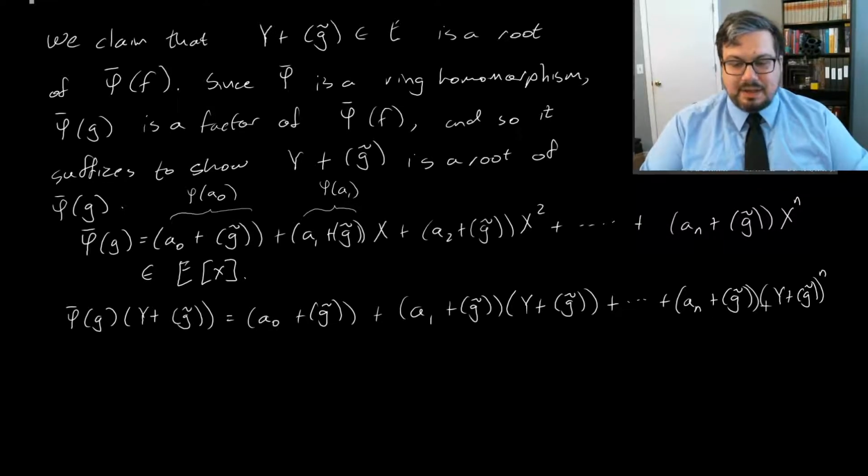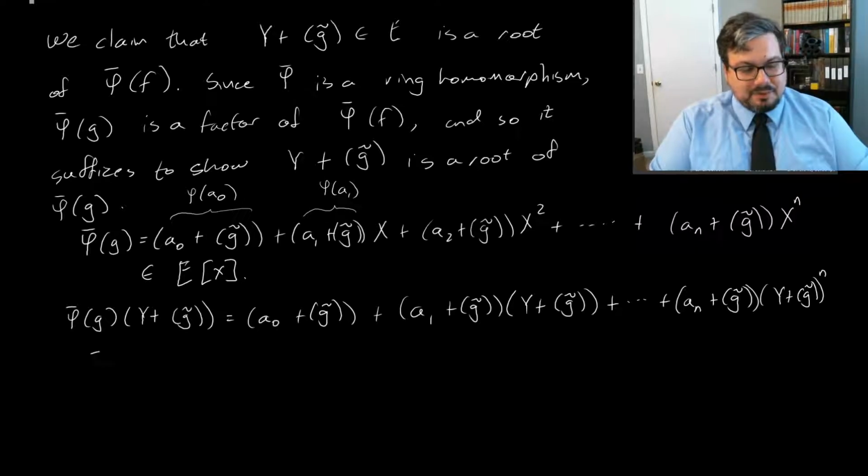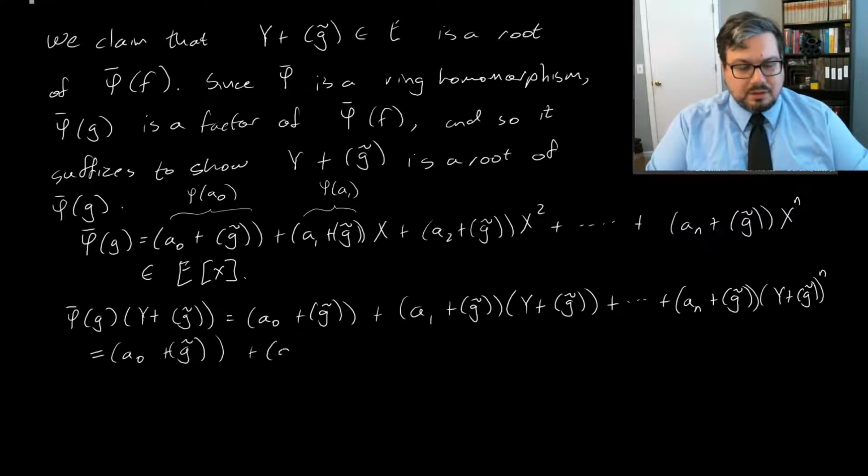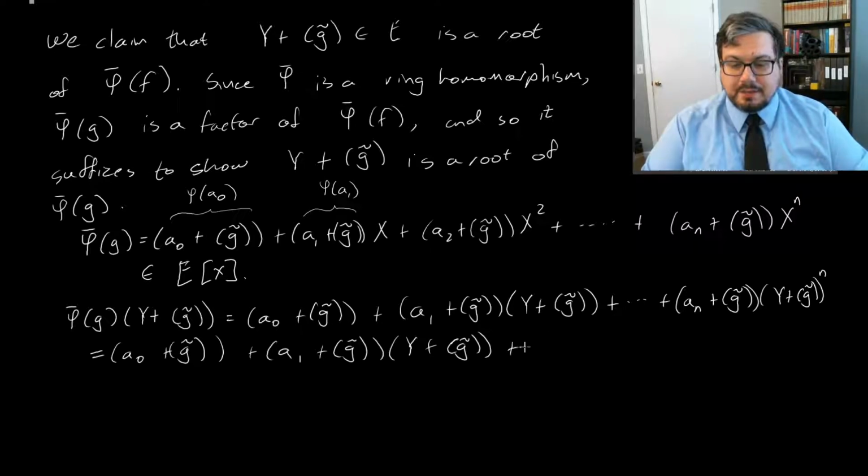Now, when we simplify all this down, because of the way that things work in factor rings, first of all the powers of the y plus G tilde pieces can be pulled inside.